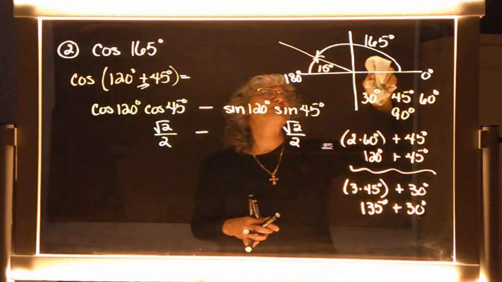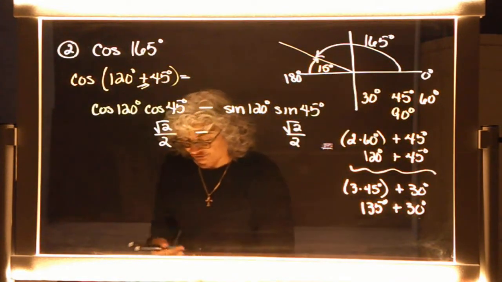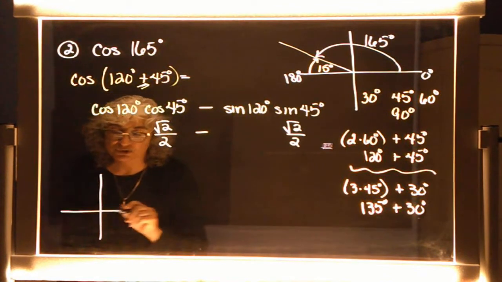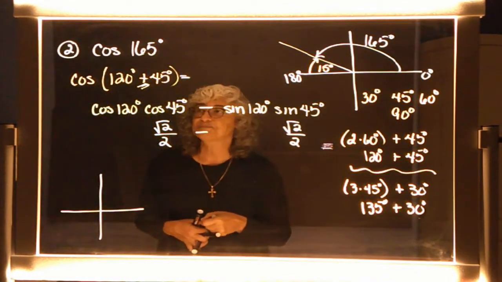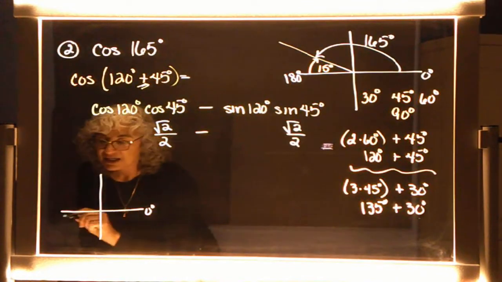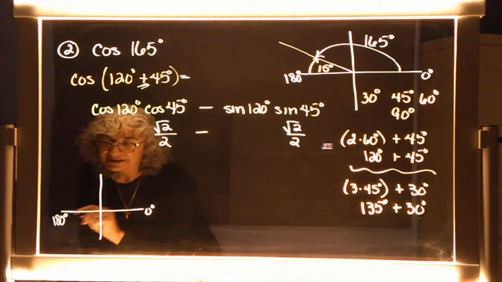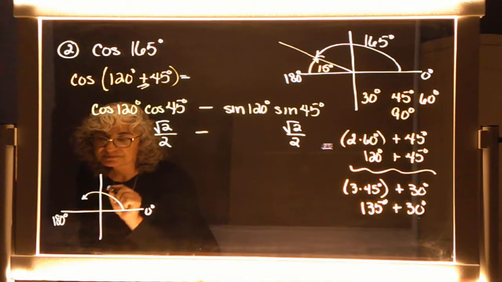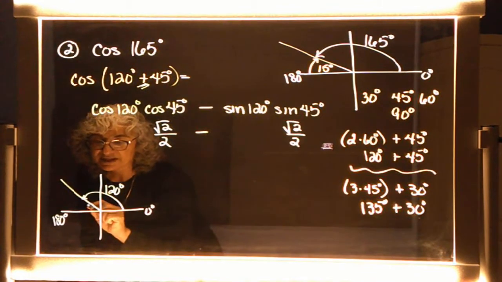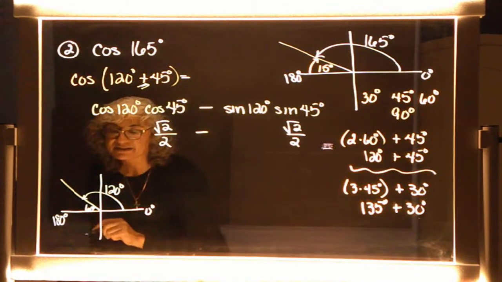So I'm going to use, and I'll draw this. I'll draw a new one. Why not? So what I'm going to do is draw my xy axis again. And 120 degrees is in second quadrant, which means its reference angle is 60 degrees, isn't it?